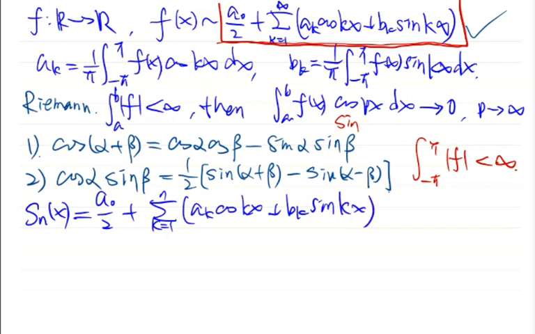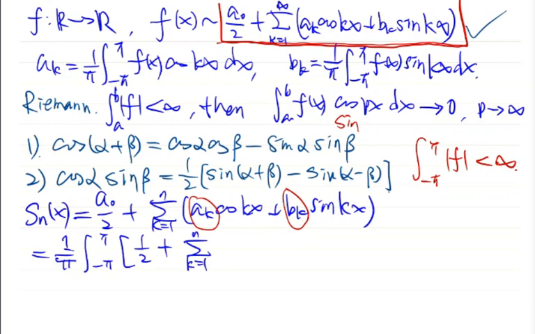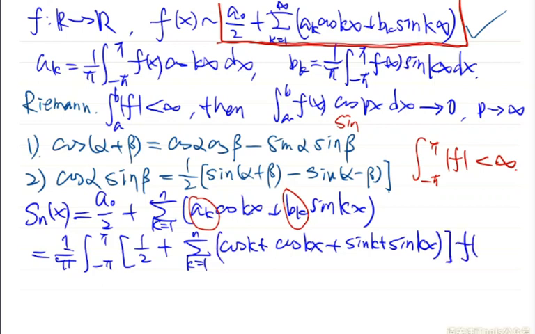Then substituting the expression of a_k and b_k into this series, we obtain that this is 1 over pi, integral from minus pi to pi, of a half plus the sum of cosine kt cosine kx plus sine kt sine kx, then f(t) dt.